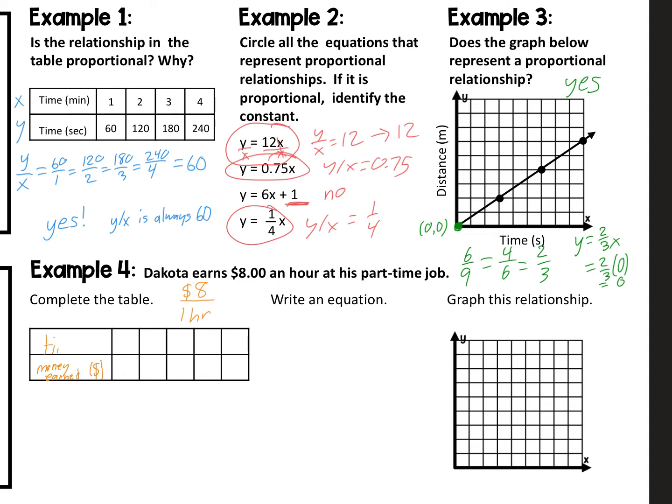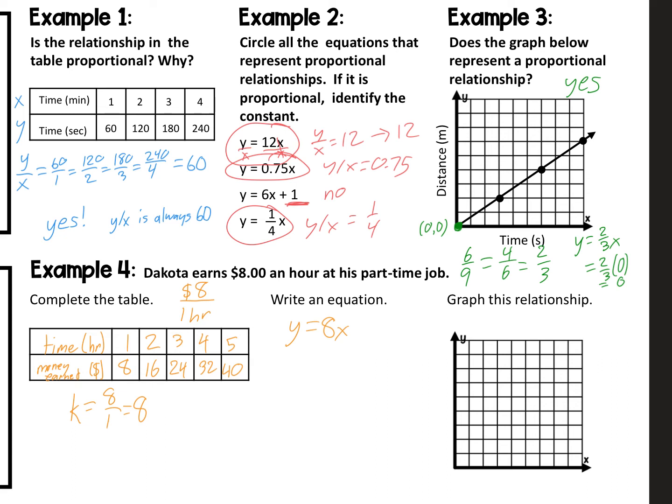So now that we know $8 is 1 hour, we can then say for 2 hours, they would earn 16, 3 hours, 24, 4 hours, 32, and 5 hours, 40. The constant of proportionality in this table is 8 over 1, or 8. So when we write our equation, we have y equals 8x.